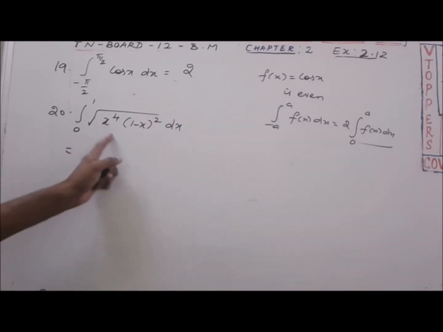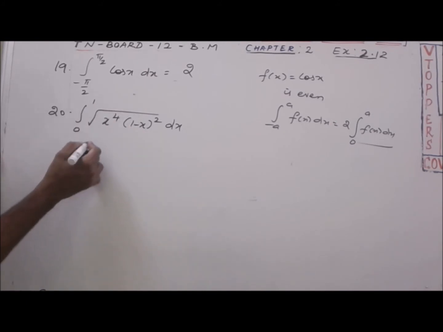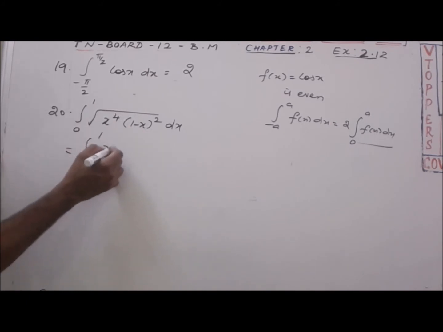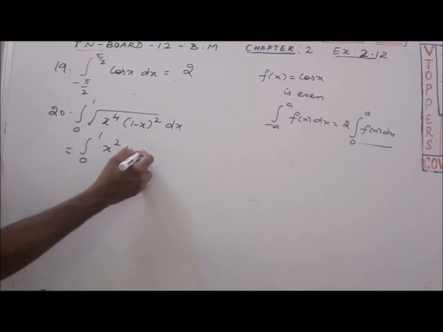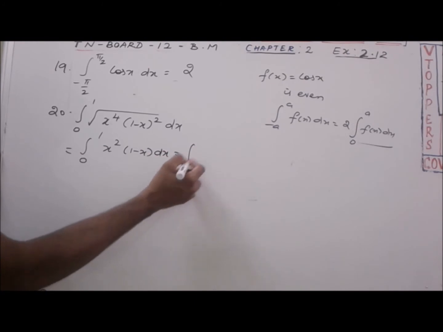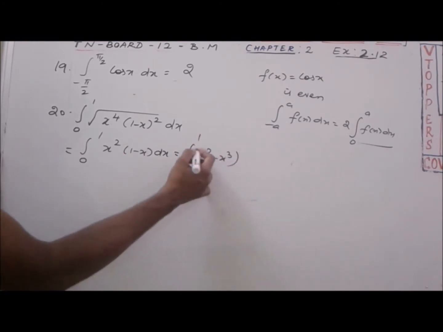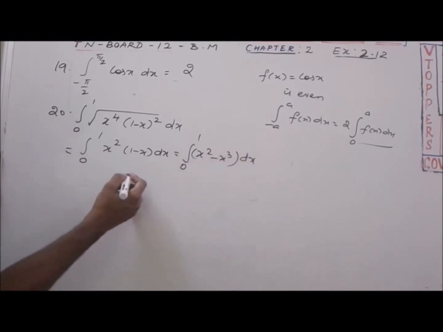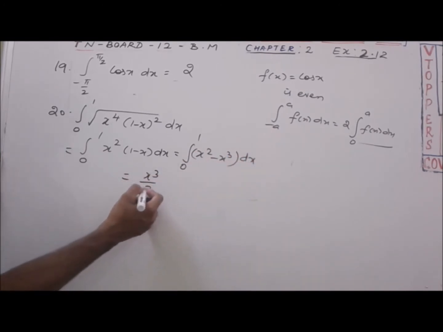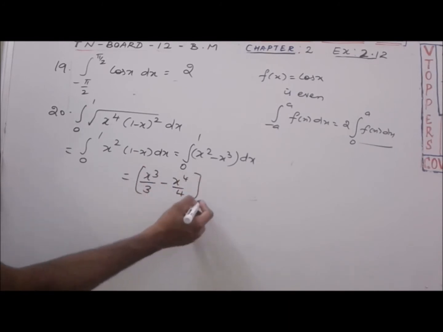Now after taking the square root, both are perfect squares. We can take the square root: integral 0 to 1, this is x square into 1 minus x dx. Now multiply inside, integral 0 to 1 x square minus x cube into dx. By integrating, x cube by 3 minus x power 4 by 4, limit 0 to 1.